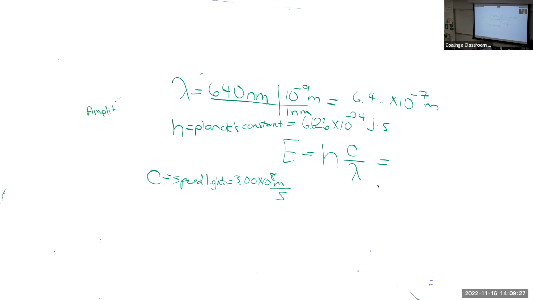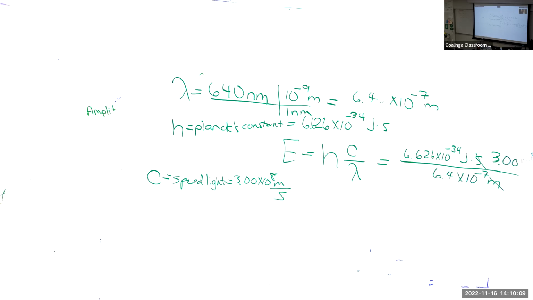Our H, which is 6.626 times 10 to the minus 34 joule seconds. And we're multiplying it by 3.00 times 10 to the 8 meters per second, divided by 6.40 times 10 to the minus 7 meters.